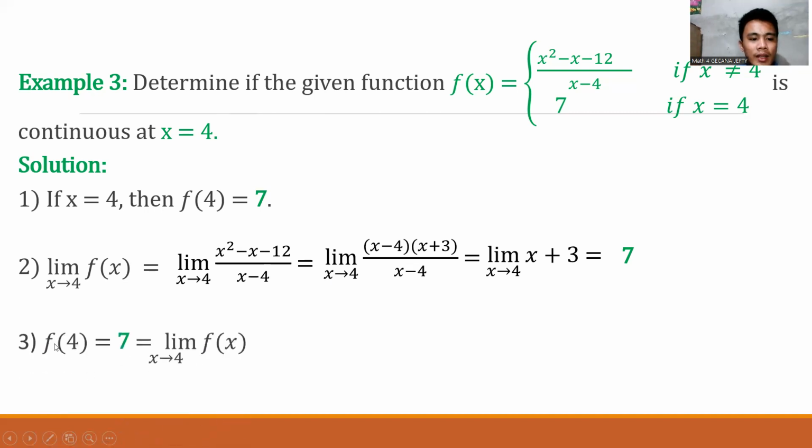In condition 3, f of 4 is equal to 7, and the limit of f of x as x approaches 4 is also equal to 7. Therefore, condition 3 is satisfied, and the three conditions are satisfied. So we can conclude that the function is continuous at x equals 4.